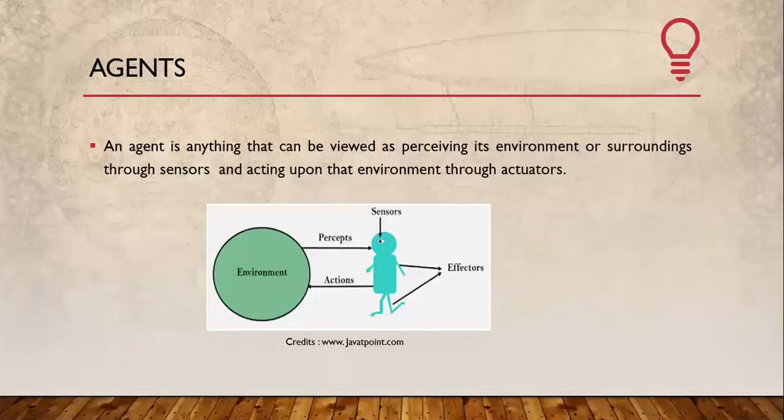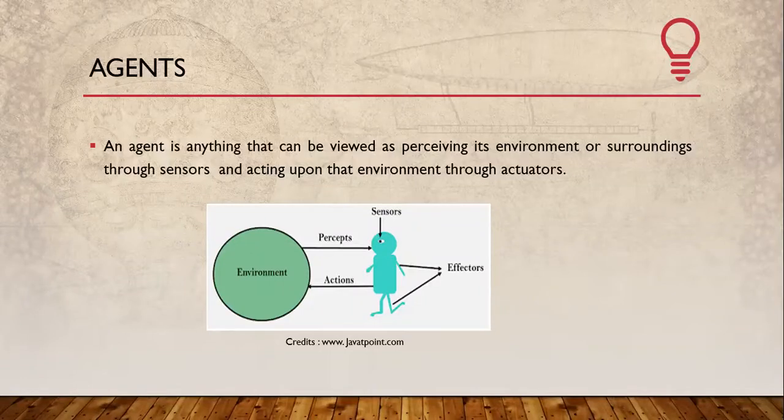Then the hands and legs are shown as effectors, or actuators, and those actions, that output, are thrown back to the environment. So that's a rough definition of an agent. The agent could be a human, or something related to a machine also. That we're going to see in some time, but that's what an agent is.